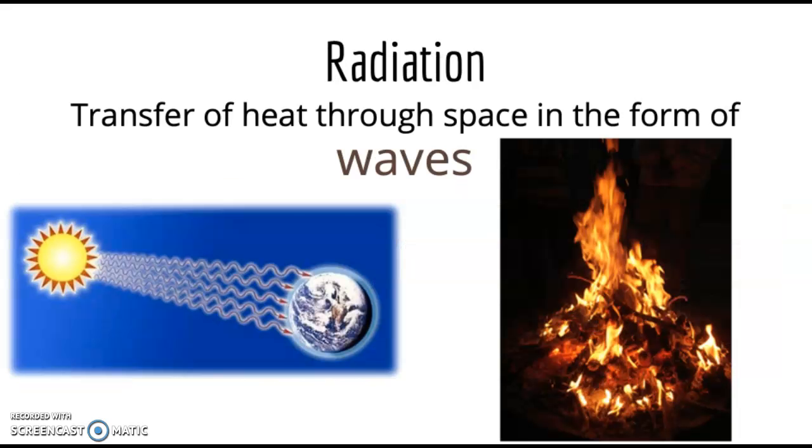And then the last one is radiation. So through waves. That's like being by a campfire and you can feel the heat of the campfire, but luckily it's not conduction because we don't want to be in the campfire, but it's through the heat being radiated from that campfire, or the sun is transferring its heat through waves.